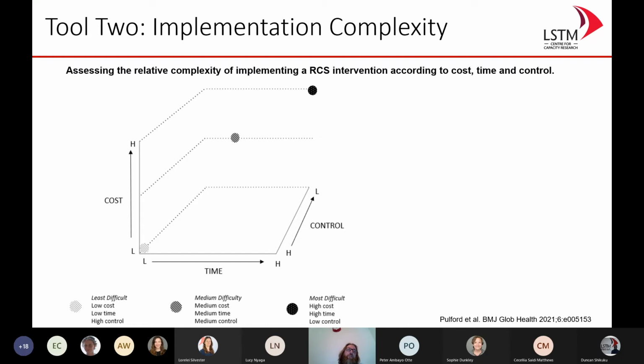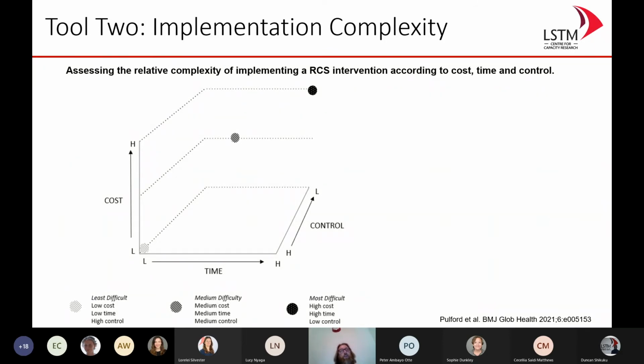The third dimension is control. Do you have a high degree of control over the implementation of your activities and the likely success, or do you have limited or low control over the implementation of your activity? So it may be that you can fund something, but whether it actually gets implemented or not is out of your hands.